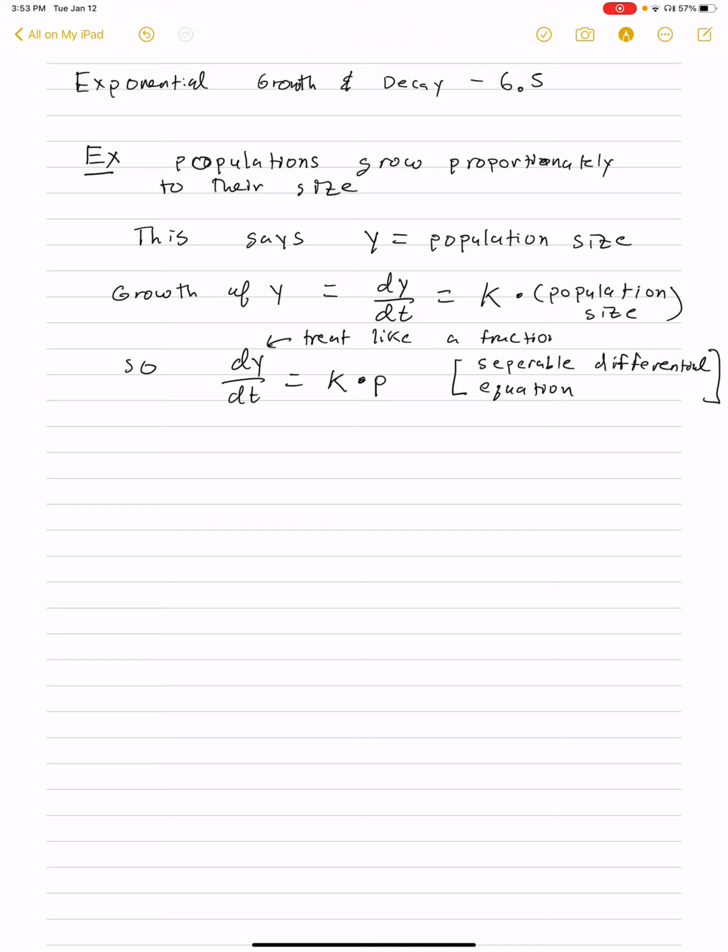And that's what separating means here. So if I do this, I have dy over k, dividing both sides by k, is equal to dt times p.